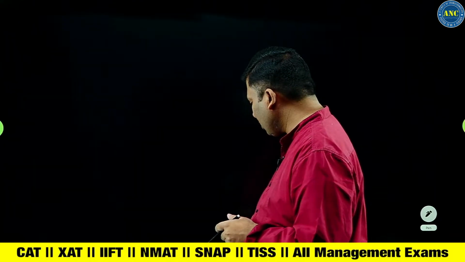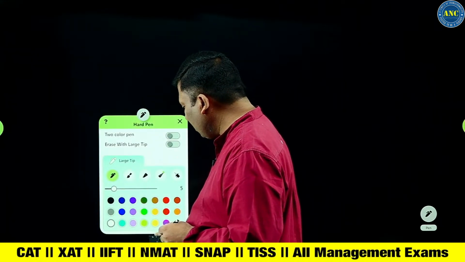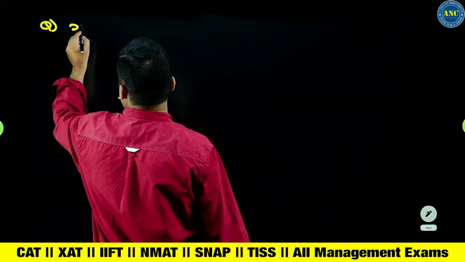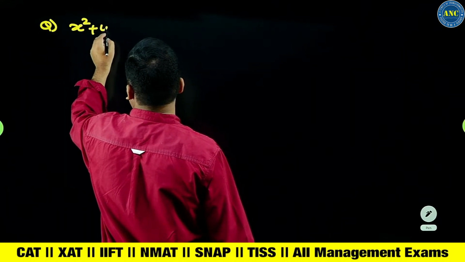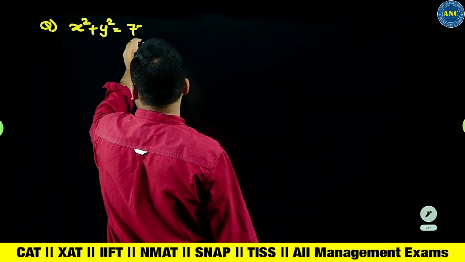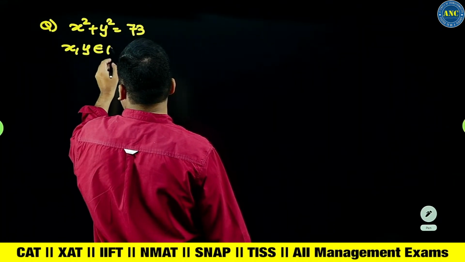Let us do a question of x square plus y square. How to find out the answer? X square plus y square is equivalent to 73. Simple question. X and y are natural numbers.